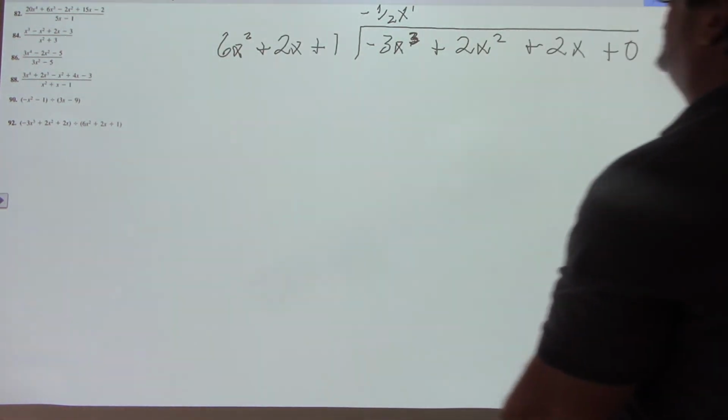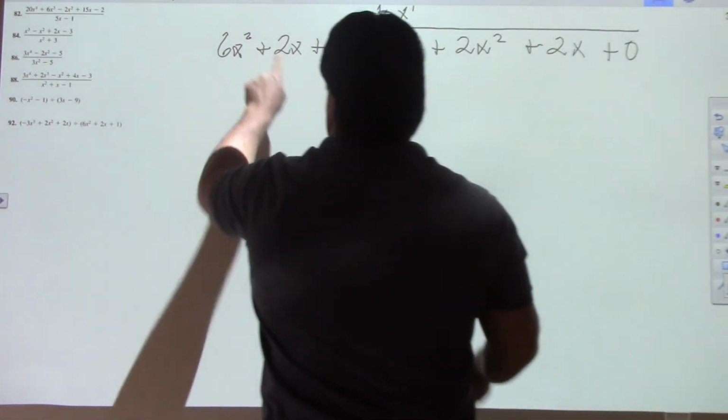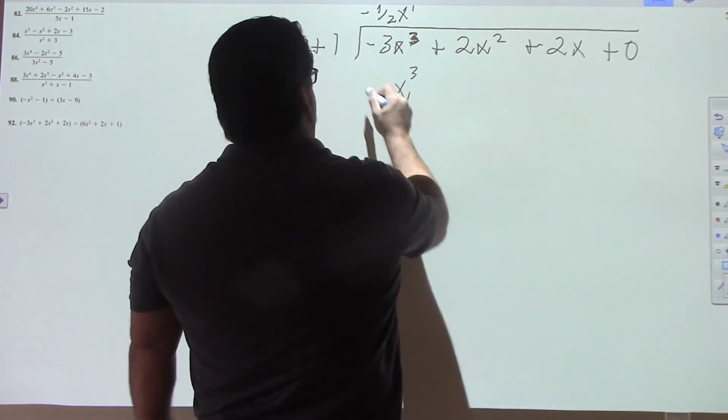Negative 1/2 x to the first, because 1 plus 2 is equal to 3.